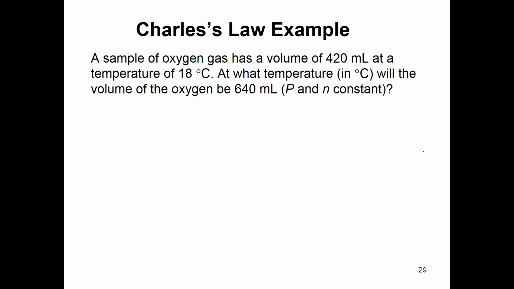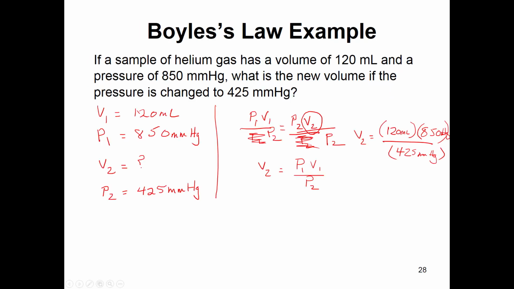Millimeters of mercury will cancel, and they will leave me with milliliters, which is what I want. So V2 is going to be 120 times 850 divided by 425, and you should have gotten 240 milliliters. Okay, so that's Boyle's law.